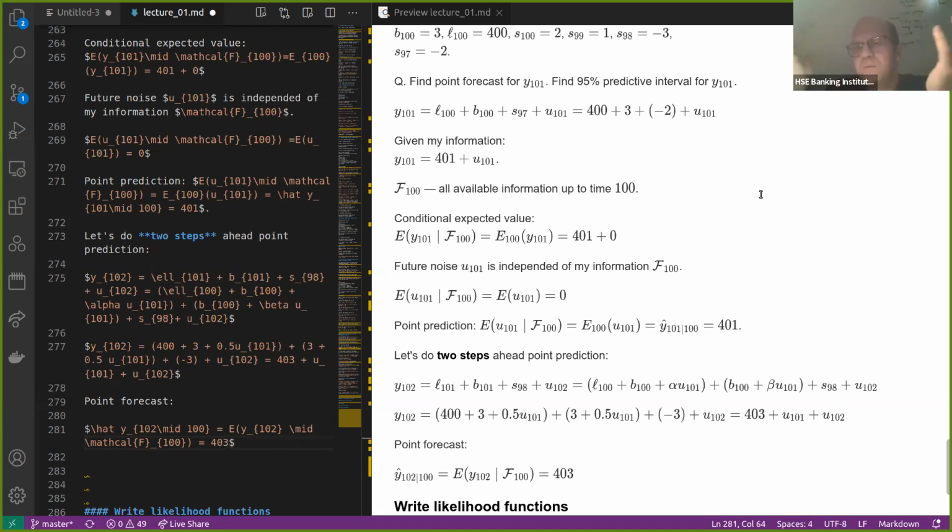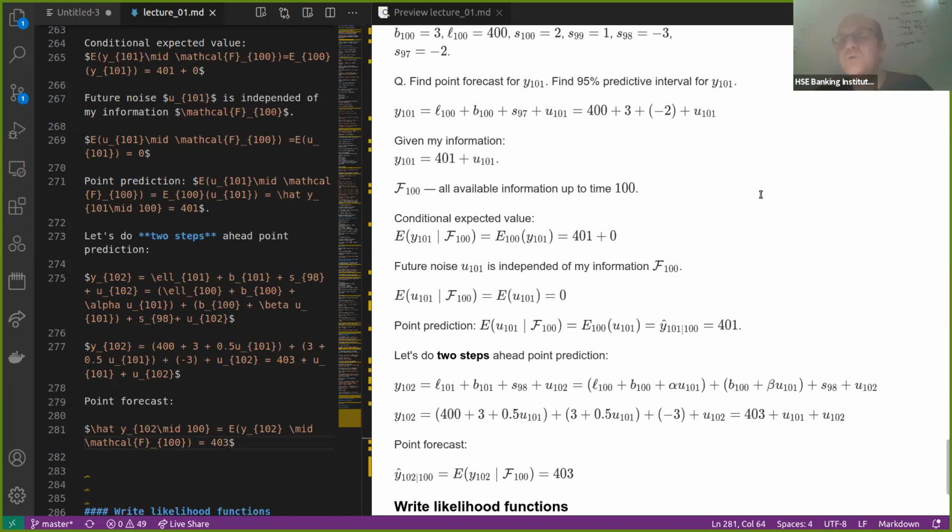I just need some feedback to understand whether I can move on or should I stop. Okay, I hope point forecasts are clear.